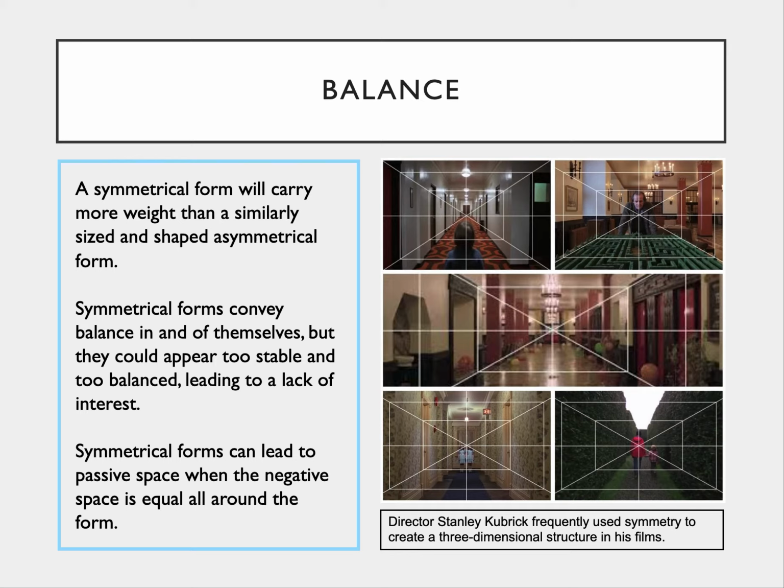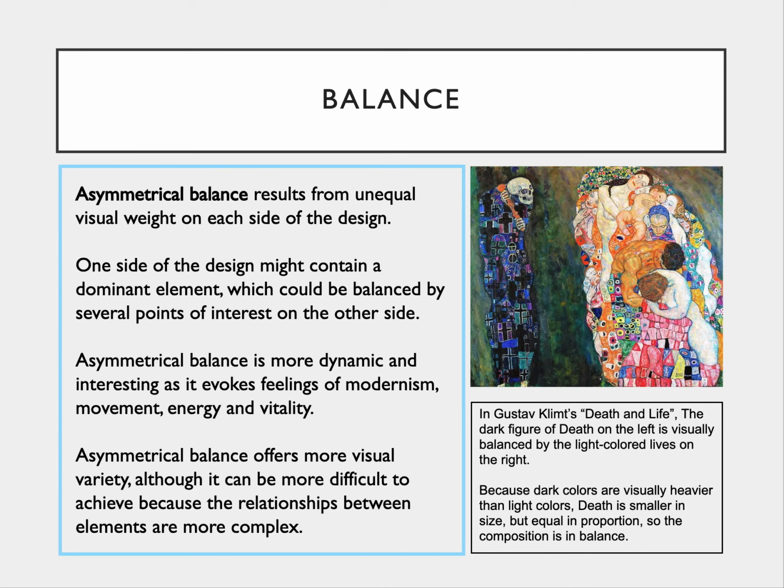A symmetrical form will carry more weight than a similarly sized and shaped asymmetrical form. But they can, as we've said before, become very dry and boring. Asymmetrical balance is from unequal visual weights on each side of the design.